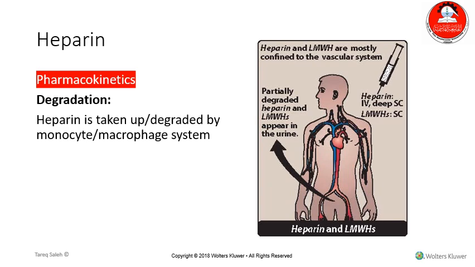This means that heparins do not undergo extensive hepatic metabolism. The majority of their metabolism and degradation happens in monocytes and macrophages, which means they can be used relatively safely in patients with liver disease.